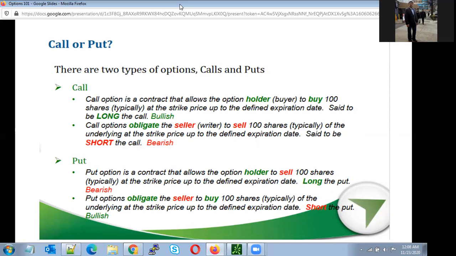So this is my date. First I decide when I am going to buy the stocks. Second, I decide I am going to buy 100 stocks. Third, I decide which price I am going to buy at.